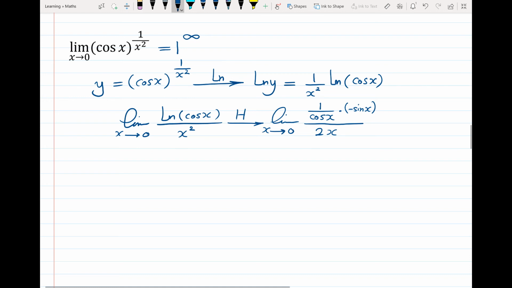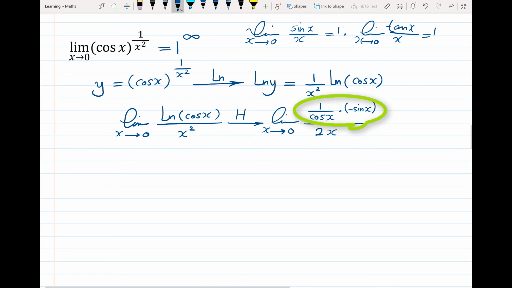You can find this last limit with different methods. For example, you can use these facts about limits of trigonometric functions. The limit of sine of x over x as x approaches 0 is 1. And also the limit of tangent of x over x as x approaches 0 is 1.